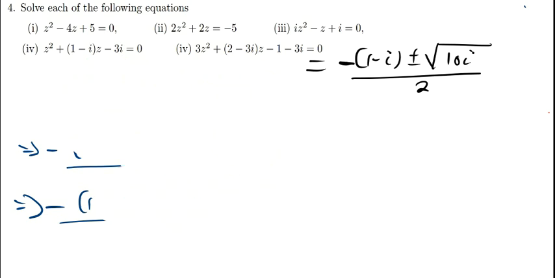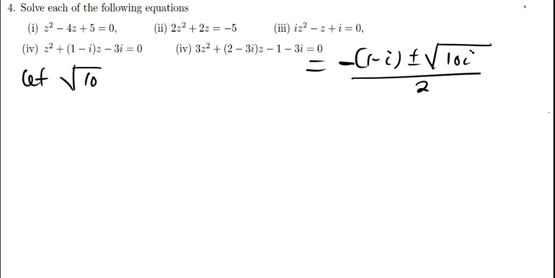So the moment i is appearing in the square root, this is what you do. You say, let the square root of 10i be equal to a plus bi, because we know that a plus bi is a complex number where a and b should be members of real numbers.